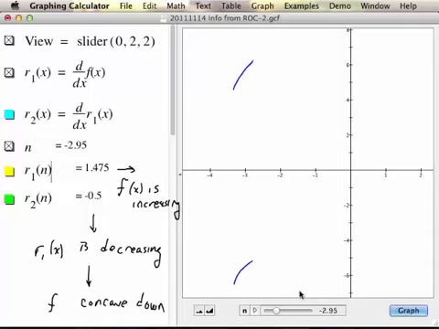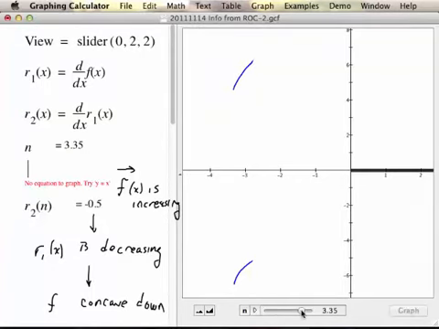Okay, I'm going to change n to a different value. First, I'm going to take this off. And let's make n 3.35. Really? Why isn't R2 changing?